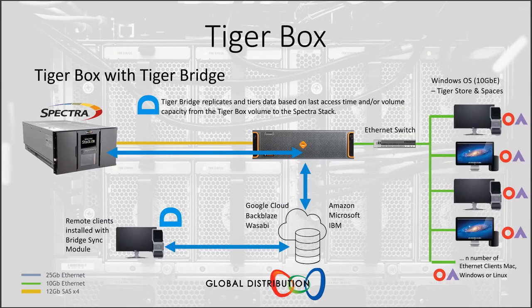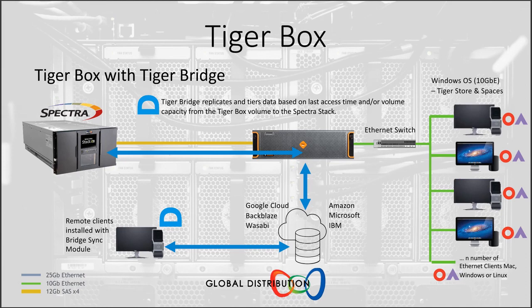What we also talked about last week was the Tiger Technology box installed with Bridge. As I said at the start of the presentation, Bridge is their continuous data protection module. So we can use Bridge to tier data from the Tiger Box, or any Tiger Store volume for that matter, onto, in this case, a SpectraLogic library, the Spectra stack. We have a bundle price with the Spectra stack and the Tiger Box.